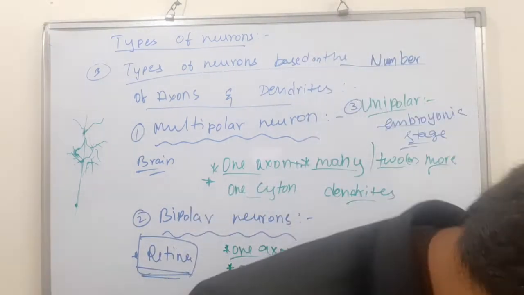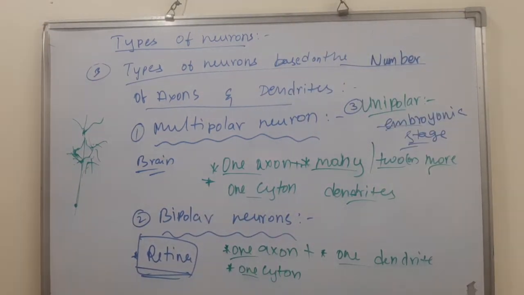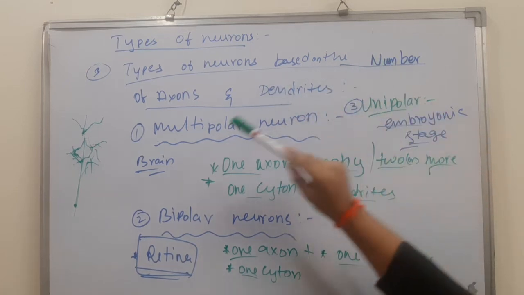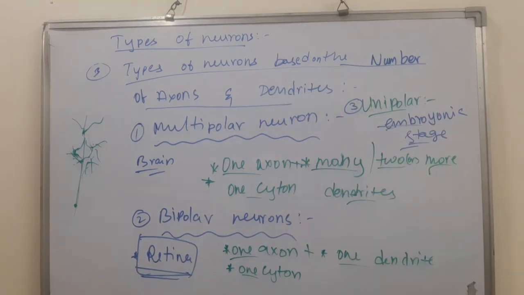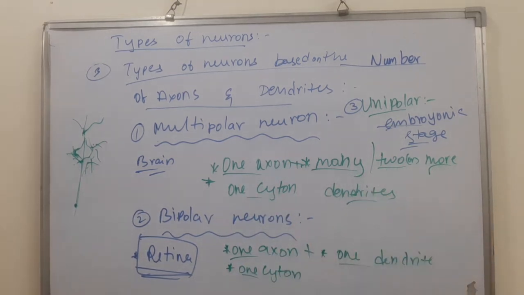Then we will be moving on to the terminology, as I said, which is very important for the transmission of nerve impulses. Let me repeat once again. There are totally three types of neurons based on the number of axons and dendrites present. Multipolar neurons have one axon, one cyton, but two or more dendrites.